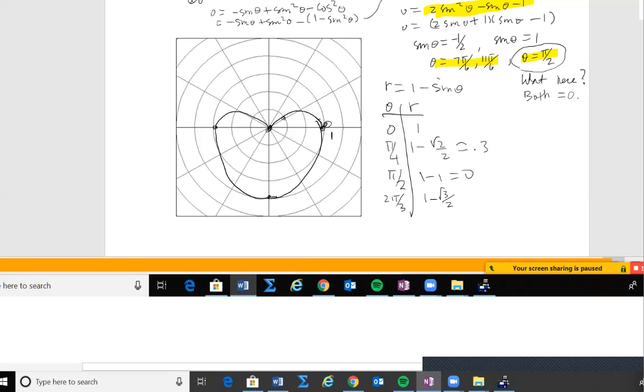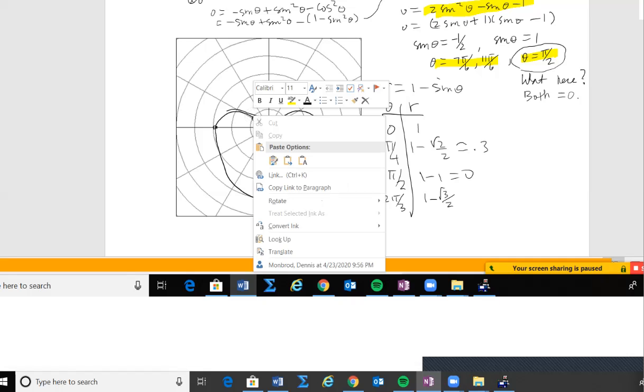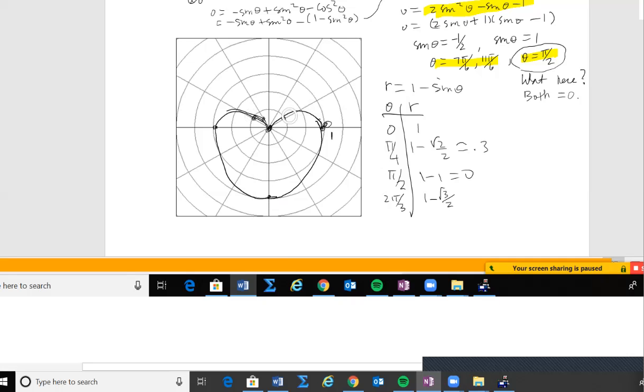So that's about in here. Actually that one's more like right about there, coming up that way. And this one mirrors this one on this side. That mirrors this one when I get to pi over 4. So we're about there. And then when I get to pi, I've got 1 minus 0. So I'm all the way out here.